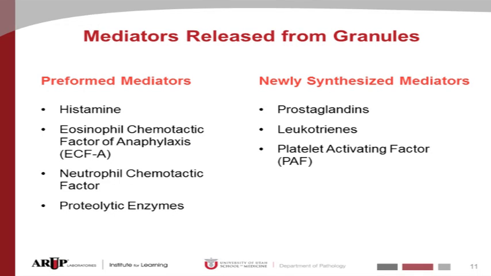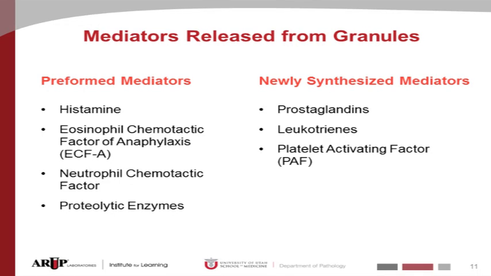A second preformed mediator is eosinophil chemotactic factor of anaphylaxis, or ECF-A. It attracts eosinophils to the area. Eosinophils are white blood cells that are really important in fighting parasitic worm infections.